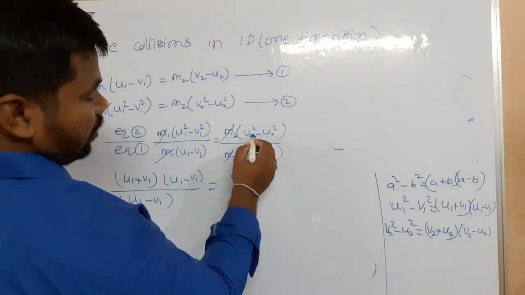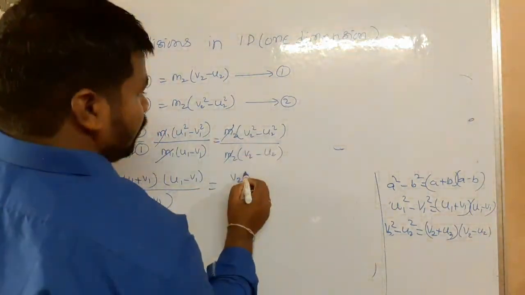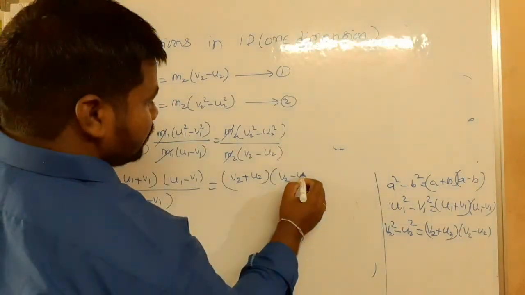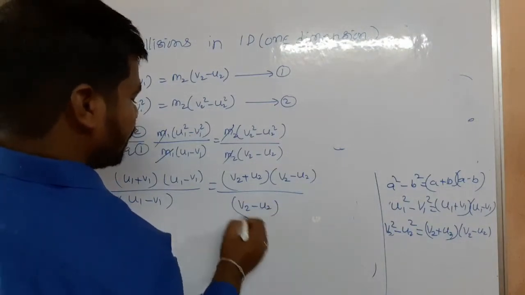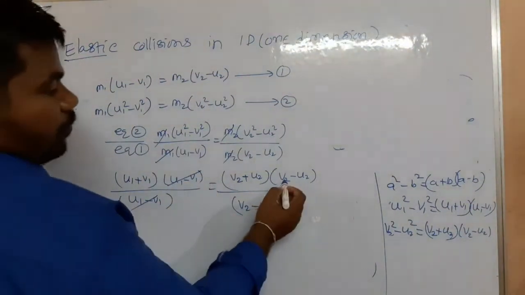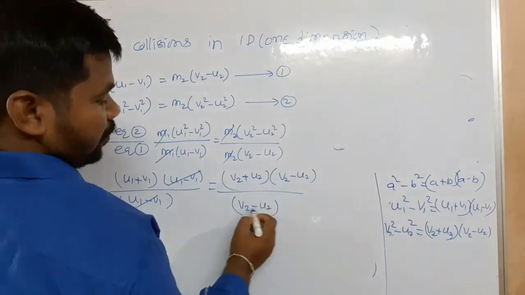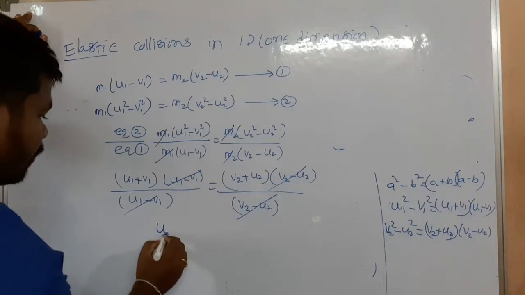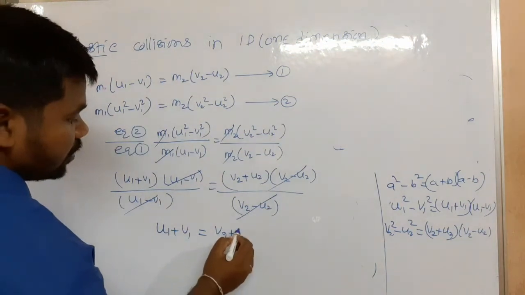Instead of a square minus b square we write (a plus b)(a minus b). So (u1 plus v1)(u1 minus v1) divided by (u1 minus v1) is equal to (v2 plus u2)(v2 minus u2) divided by (v2 minus u2). The common factors get cancelled, so we write u1 plus v1 is equal to v2 plus u2.